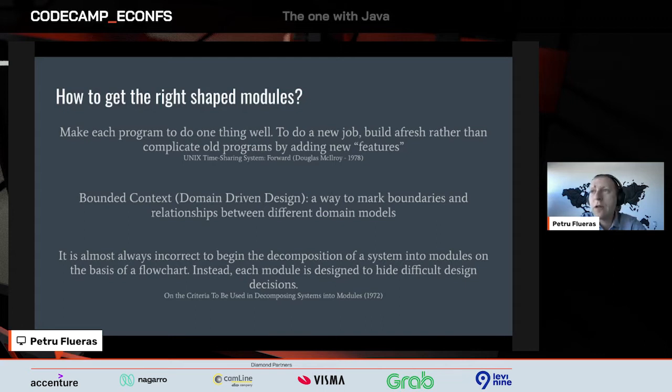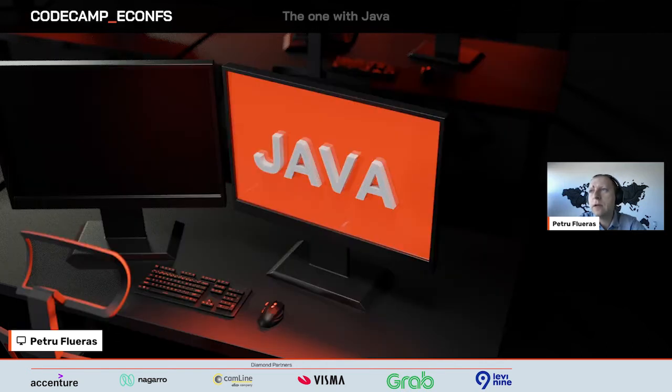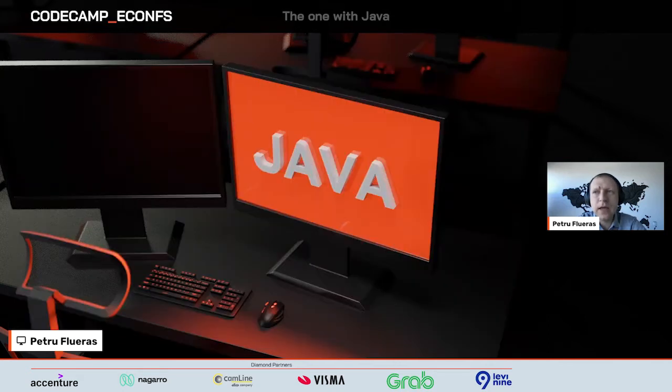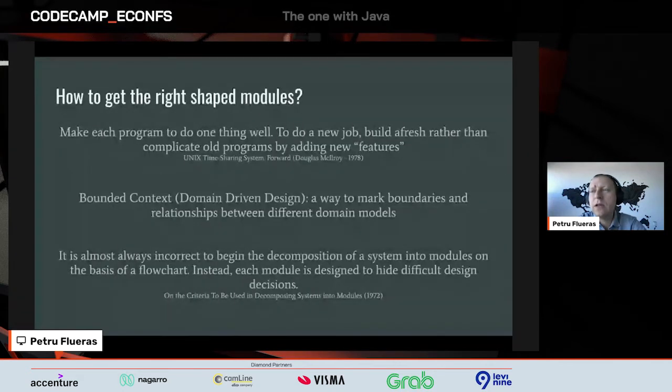And we also have a very old paper written by Parnas, which says how we should decompose a system. And it shouldn't be related to the flowchart. So we shouldn't decompose based on the steps a customer is typically performing. We shouldn't take those five steps and create them as modules.